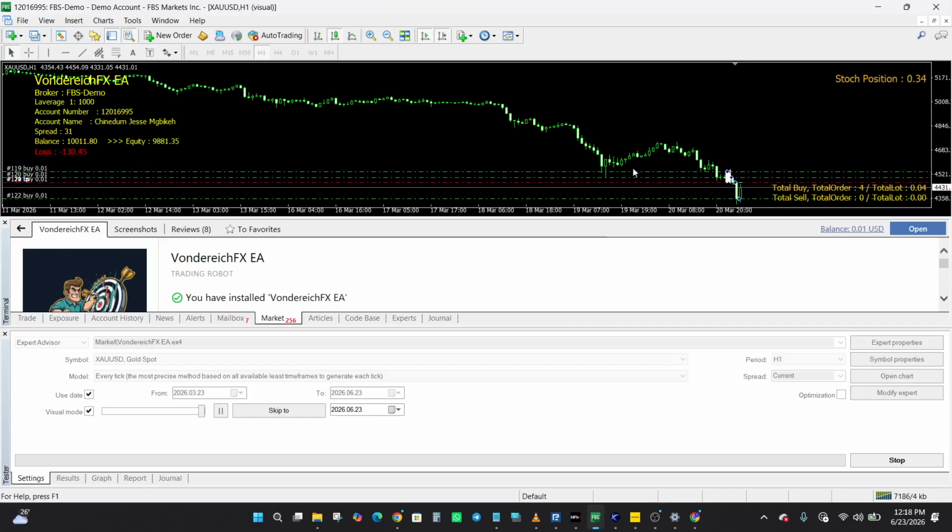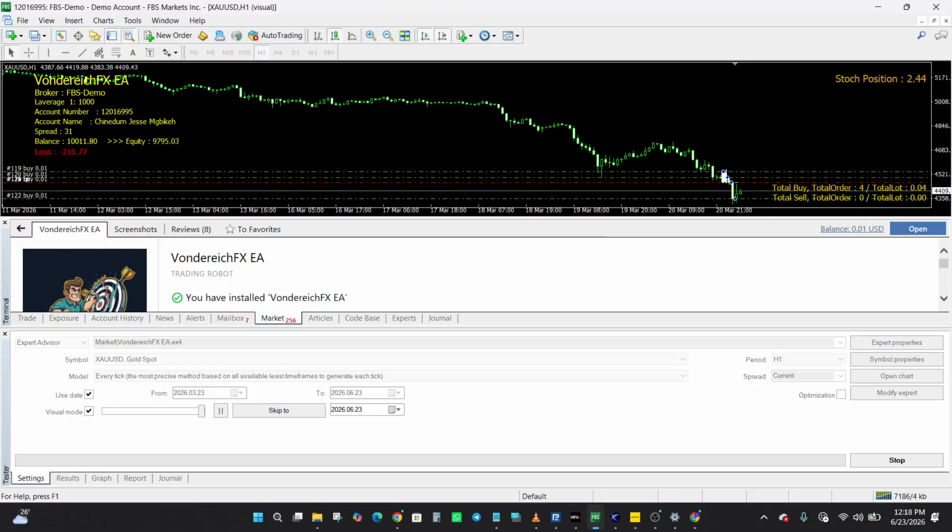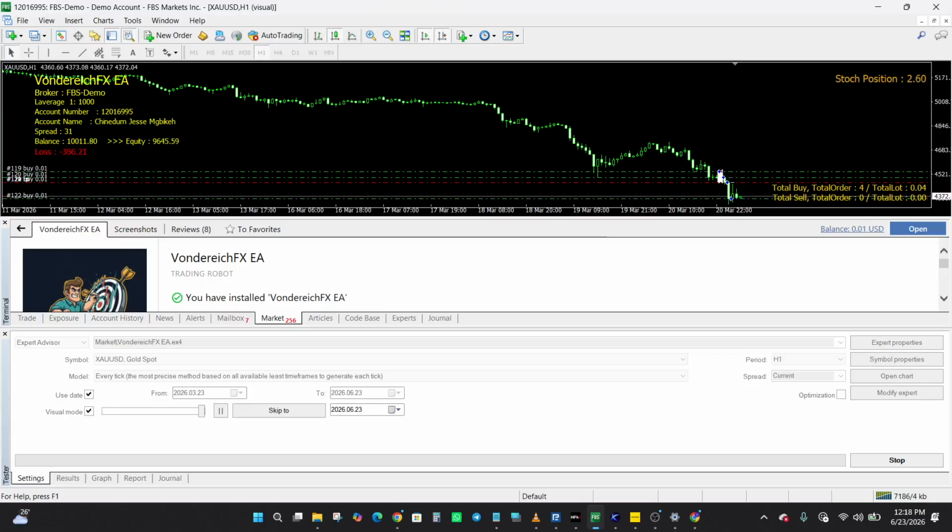The historical chart can also provide insight into how the adjustable pip step and lot exponent settings influence overall trade behavior. Because these parameters directly affect how positions are managed, testing different configurations can significantly impact historical outcomes.